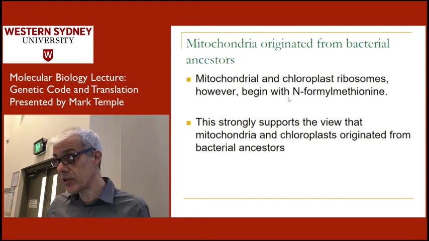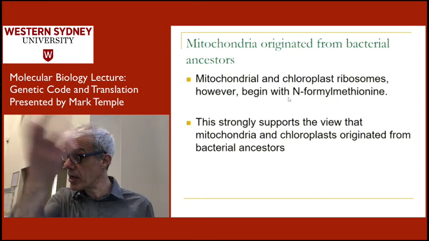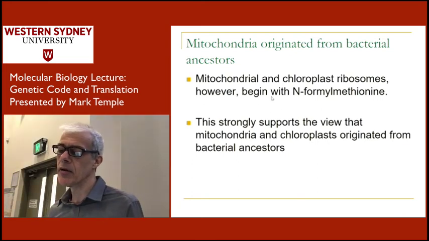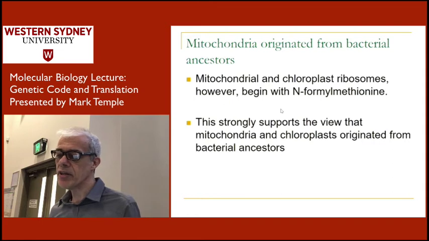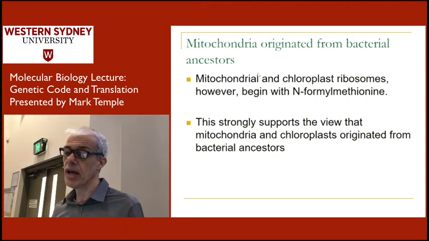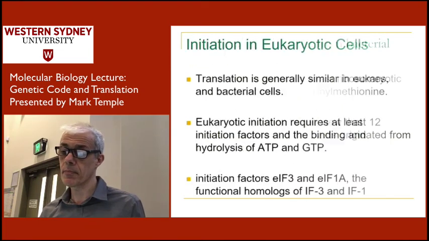Whereas in the nucleus of eukaryotic cells, it's the two transfer RNAs bringing in the standard methionine. So this molecular understanding really supports the idea that mitochondria and chloroplasts were incorporated into some eukaryotic cell during evolution, because they still have all of these properties of the bacteria.